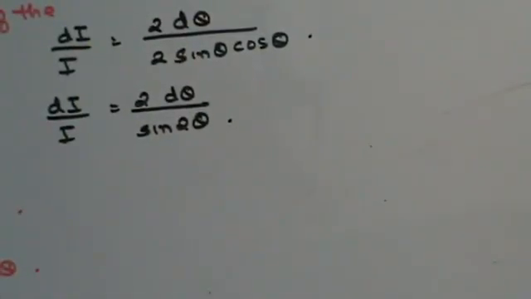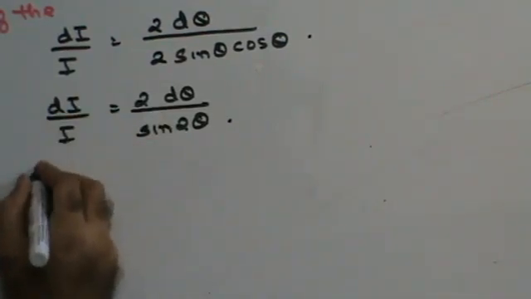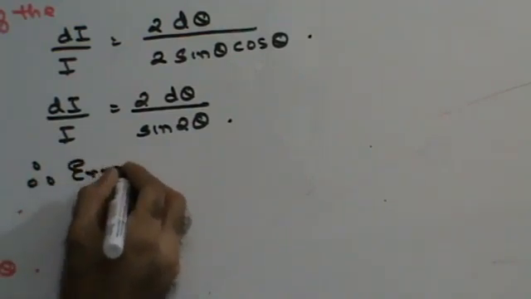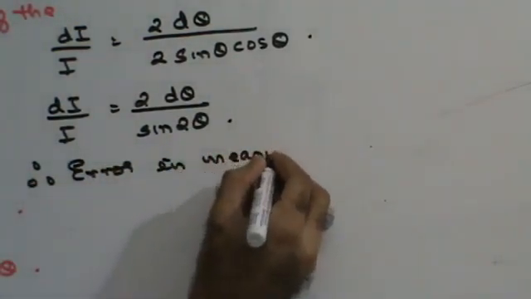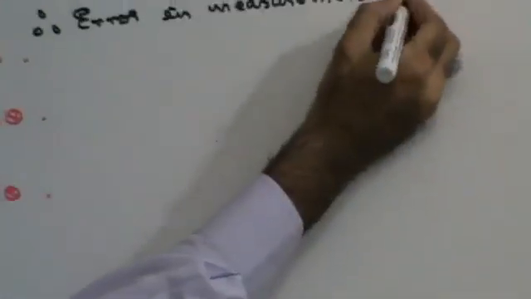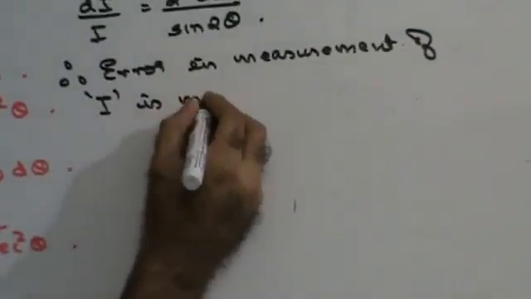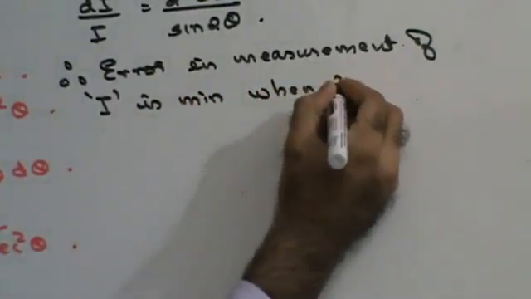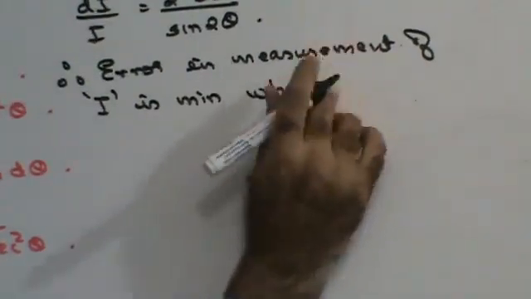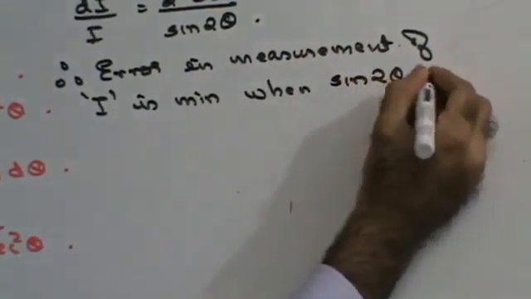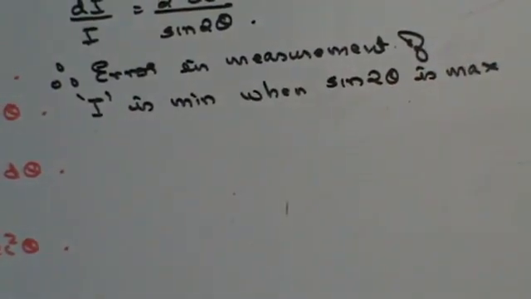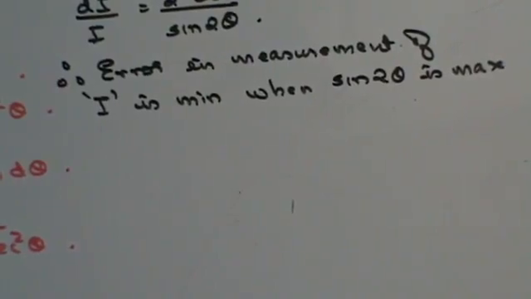So thus it is very clear from this equation that the error in the measurement of current is minimum when sin 2 theta is maximum, because from the equation we can clearly see that di by I is inversely proportional to sin 2 theta.